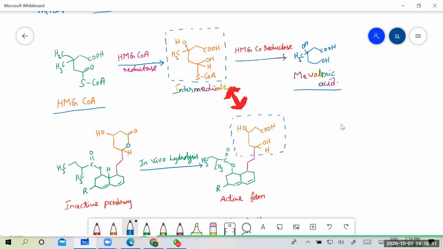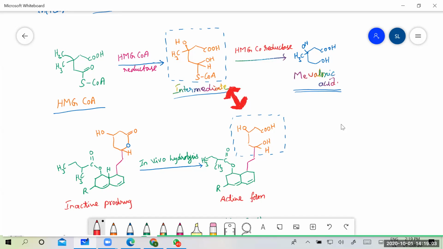The HMG-CoA reductase enzyme leads to formation of an intermediate, and that intermediate is converted into mevalonic acid. So this is the mevalonic acid.